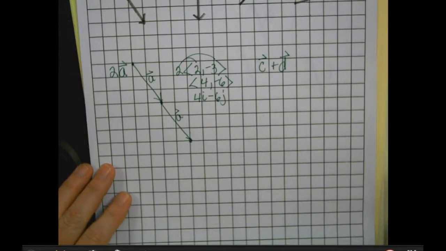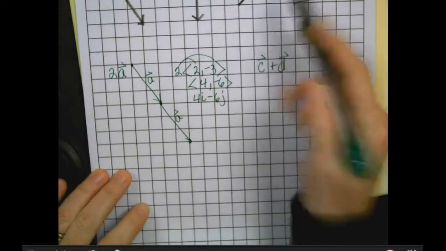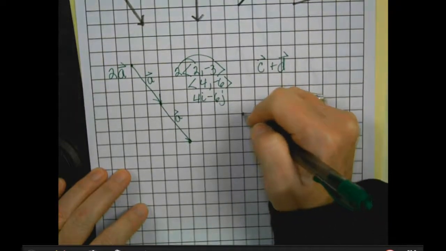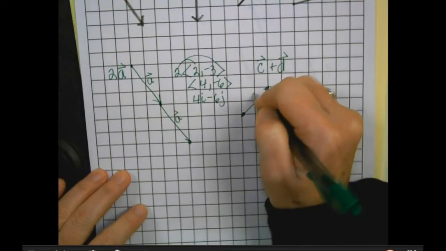All right. So the first thing I'm going to do is draw C. And I'm going to do the triangle method. So this is going to be initial to terminal, initial, terminal. And then draw the resultant. So let's start with C. If I put C right here, if I go up 2 and over 2, there's my C.